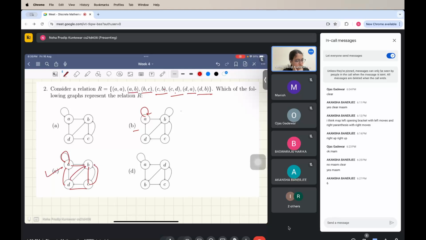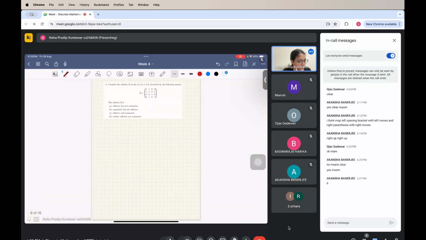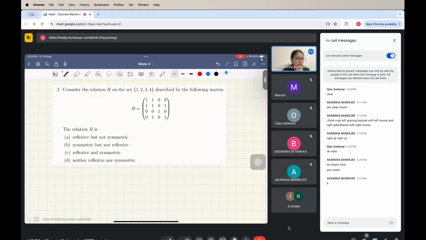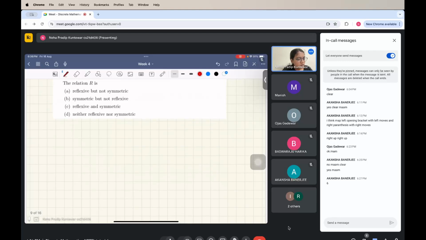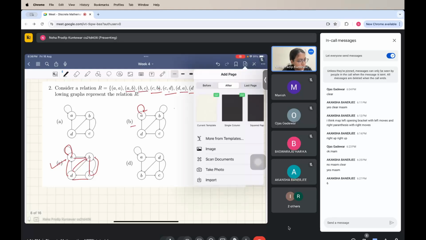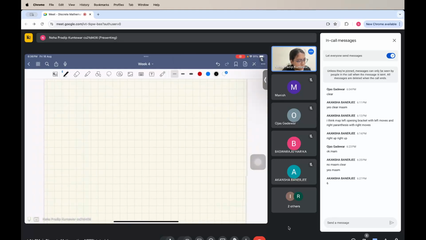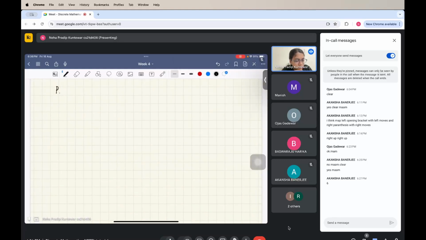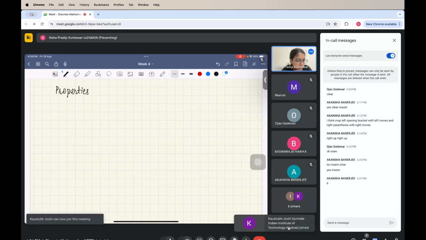Okay, so good. I'll quickly recap some definitions that are useful for this question. I'll call this properties of relations.